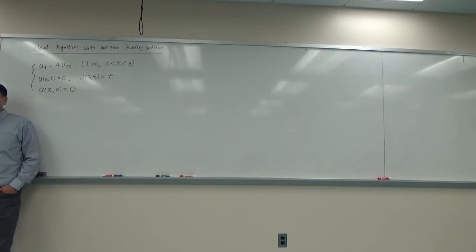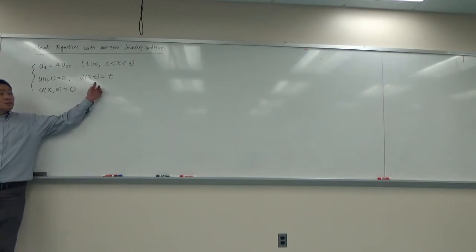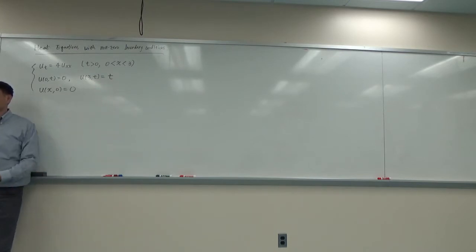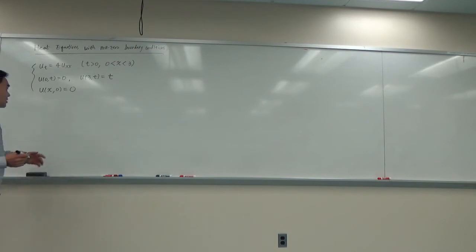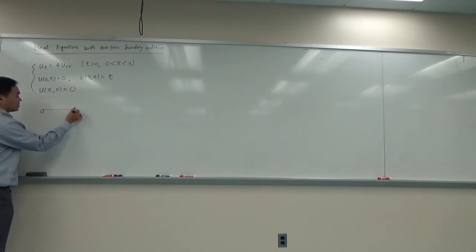What's happening in this case? This is the temperature at the right endpoint of the bar, right? And it's a function of t. What does that mean? The right endpoint, its temperature is proportional to time elapsed.